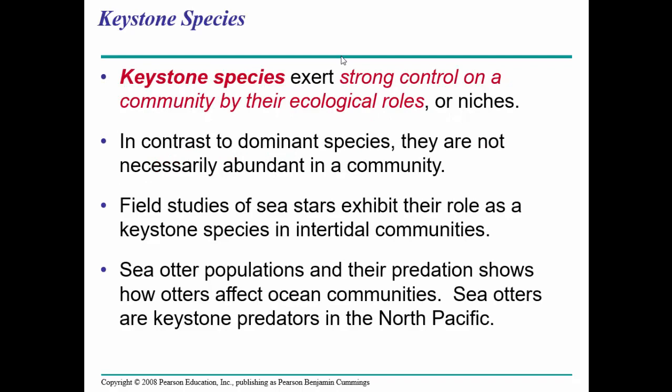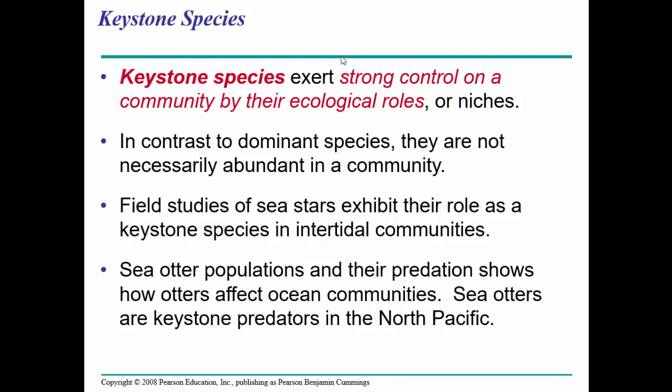The last is the most important species in the ecosystem. We have keystone species. It is a species that has a very important influence and control on the community, and they also have very important roles.